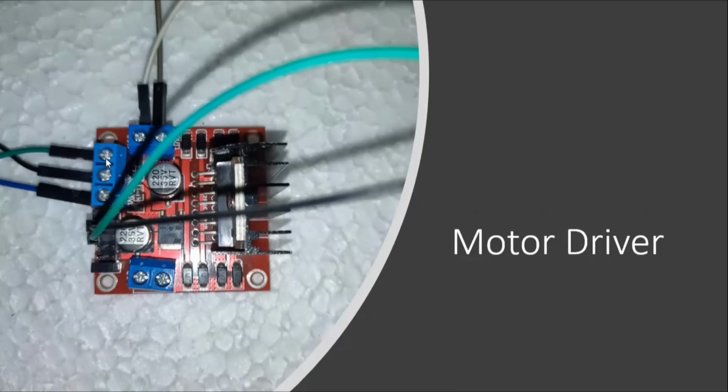This green wire is the 12-volt pin of the DC source, and this black one is the ground of the DC source. This blue one is not used. These two wires came from Arduino pins 6 and 7, and these two wires are the outputs of the driver. They control the direction of rotation of the motor.